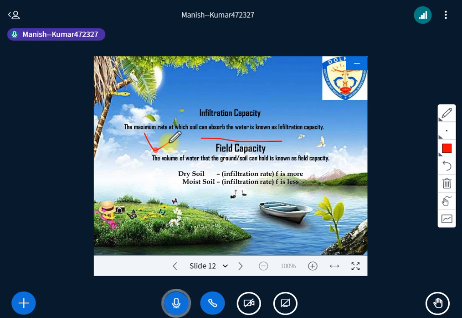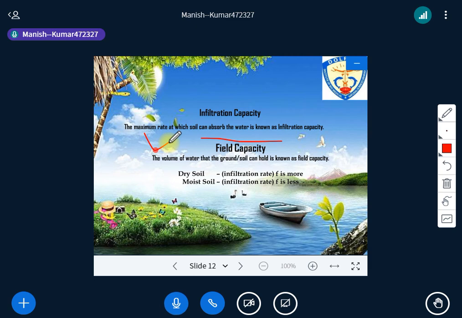Saturated means a certain amount of moisture is already there, so it requires less moisture. If a dry area has enough space, it will need more moisture. So dry soil gives a higher infiltration rate, and moist soil gives a lower infiltration rate, isn't it?